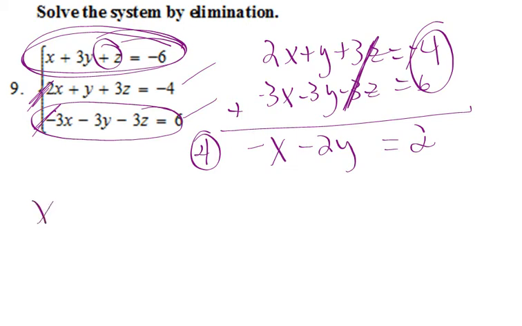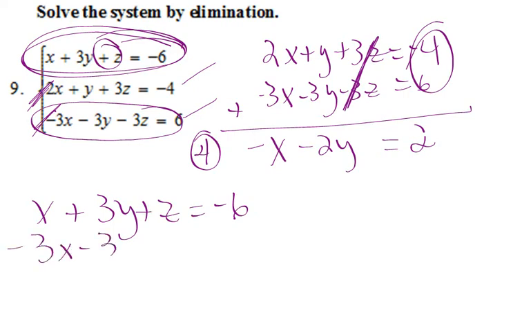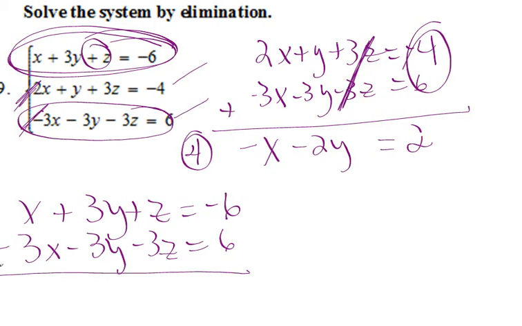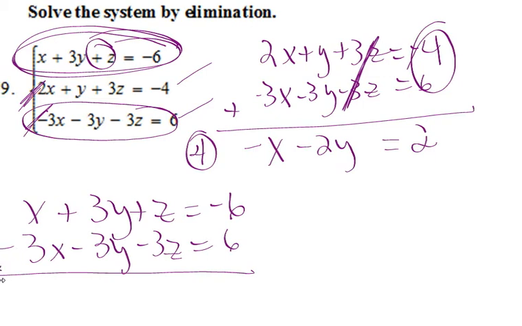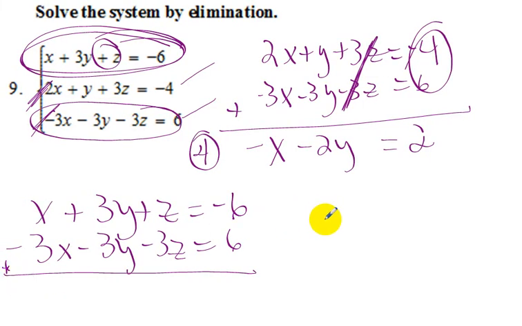I'm going to use x plus 3y plus z equals negative 6, and negative 3x minus 3y minus 3z equals 6. But if I add these right now, I can't get rid of my z. So what do I have to do? I have to multiply my first line by 3.